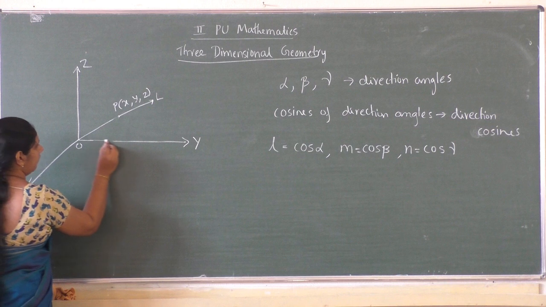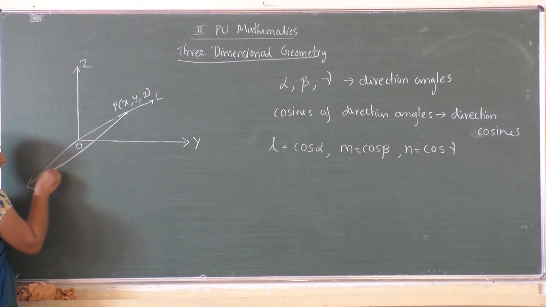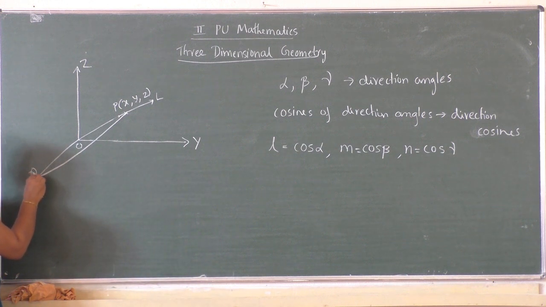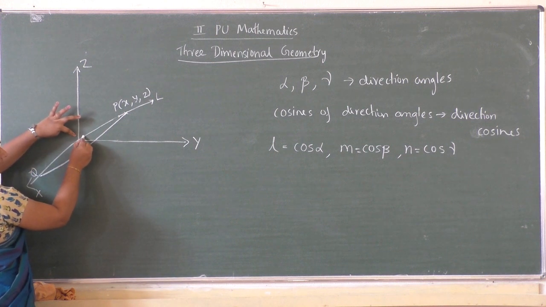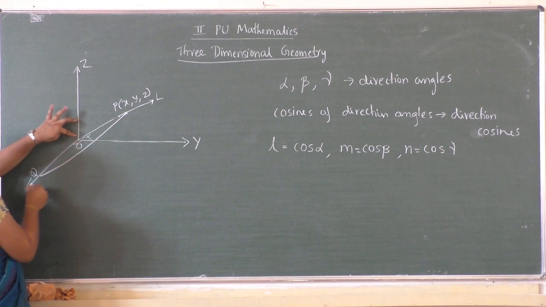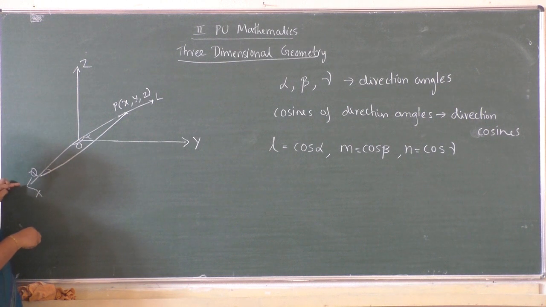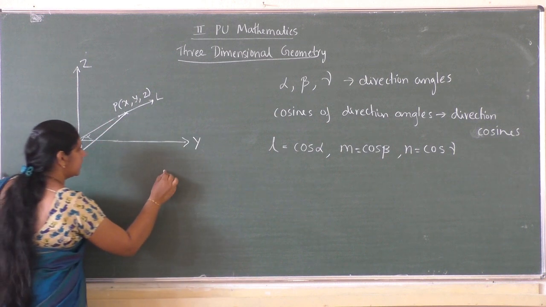Draw one line perpendicular to the x-axis. I will take this point as Q. See, already we studied that this directed line makes an angle alpha with the positive direction of the x-axis, and this PQ is perpendicular to the x-axis, right? See, this actually looks like this.